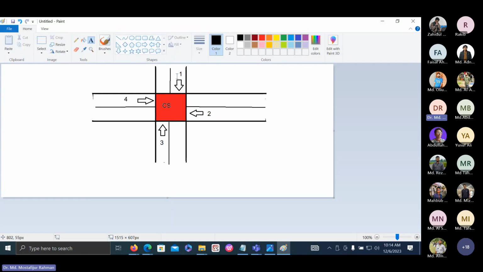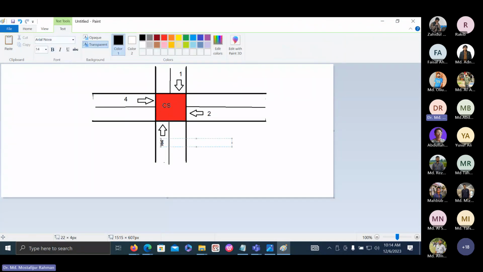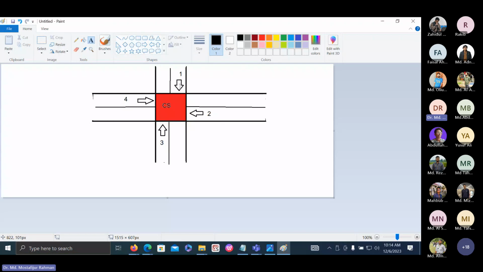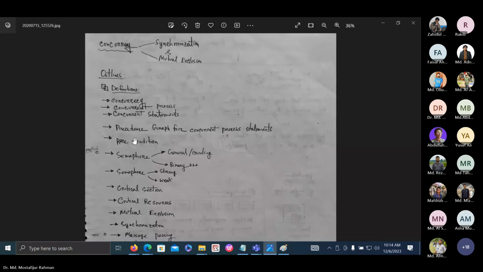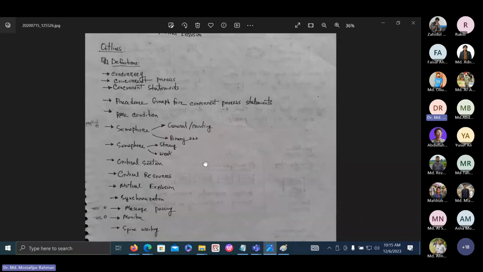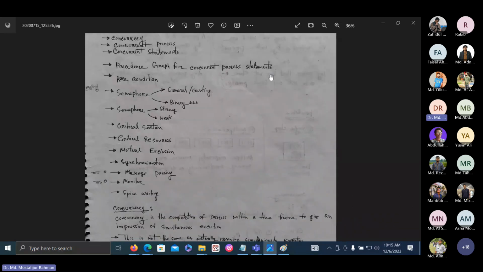That means we can call them process 1, process 2, process 3, process 4. They are ready to access the critical section, the red color one. We can call these four processes concurrent processes. Then the concurrent statement, I will show you after that, then the precedence graph for concurrent process statements. I will show you.